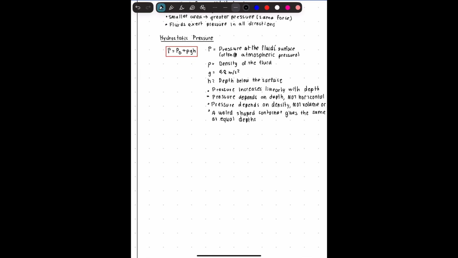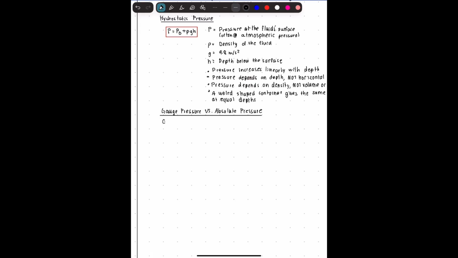Next, let's move on to gauge pressure versus absolute pressure. So, gauge pressure is pressure relative to atmospheric pressure.